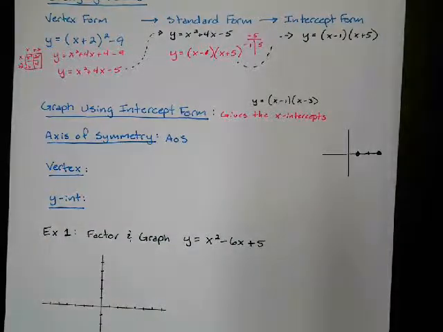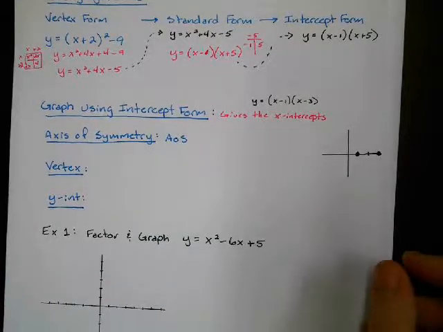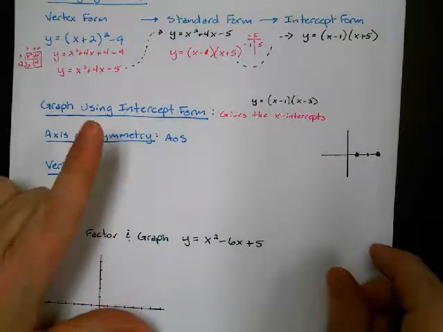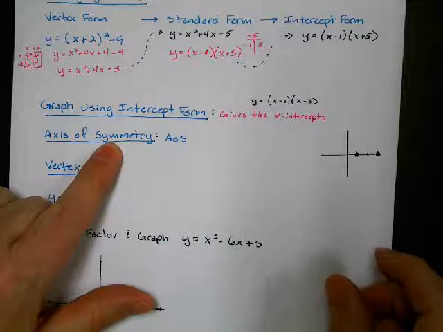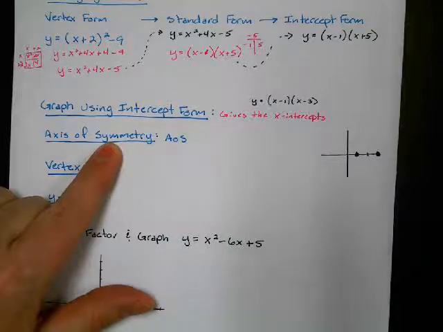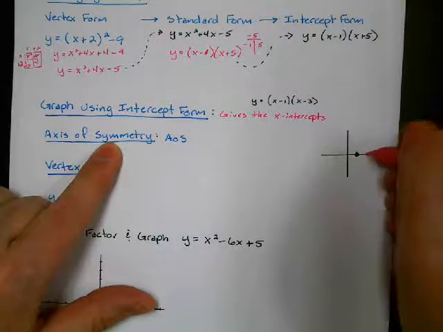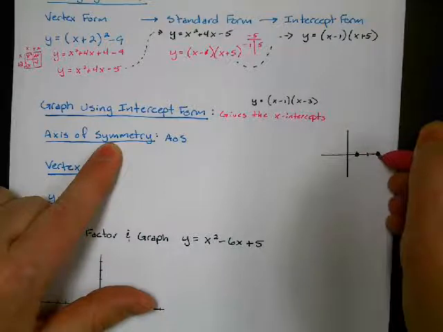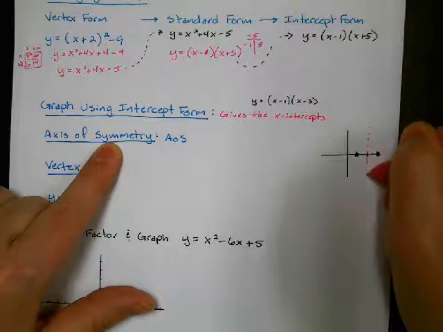Now, if I wanted to graph the rest of the function, I'd need some other information. If we've got our axis of symmetry and it runs down the middle so that it splits it into mirror images, over here we've got these 2 points and there should be a mirror image across a line right between them.